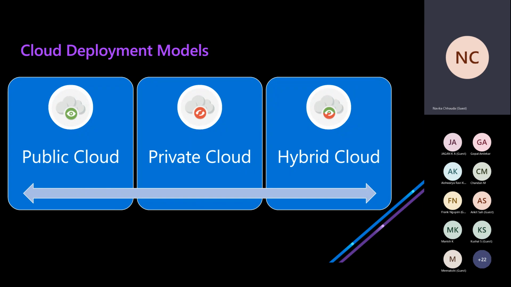On the other hand, opex, the operating expense, is usually a recurring cost that every month or every 2 months we have to pay for certain things. And capex is just the opposite of that. That's a little bit of extra knowledge. Similarly, you're not responsible for the maintenance or updating of hardware in the public cloud.